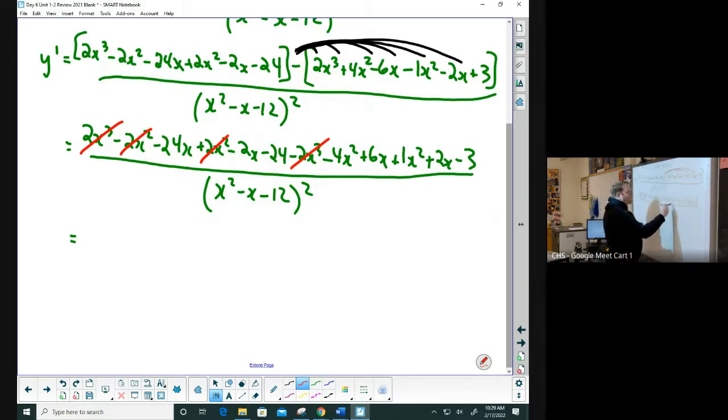But those ones are left over. So that's minus 3x squared. Next, I'm going to look at 2x, negative 2x, and then a plus 6, and a plus 2x. So minus 2x plus 2x, that canceled. But it did leave me with just a 6x.